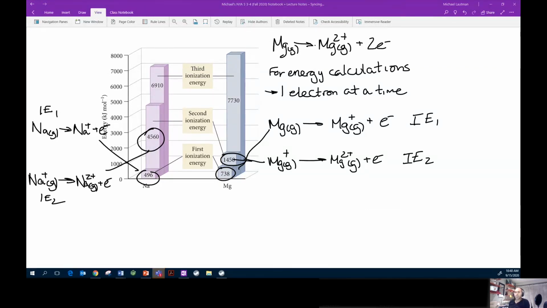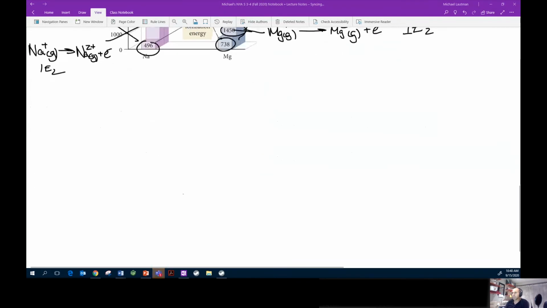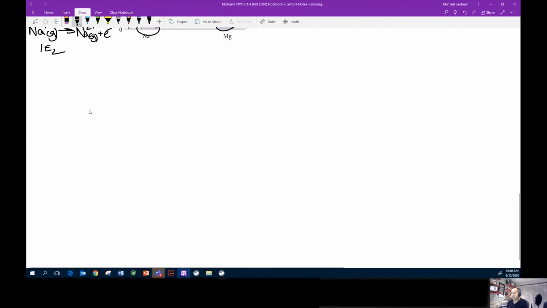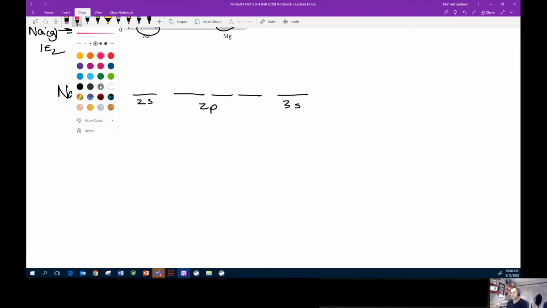If we think about the electronic structures of sodium versus magnesium, so if we have sodium, it's 1s, 2s, 2p, 3s.